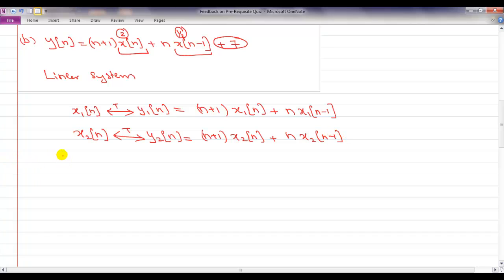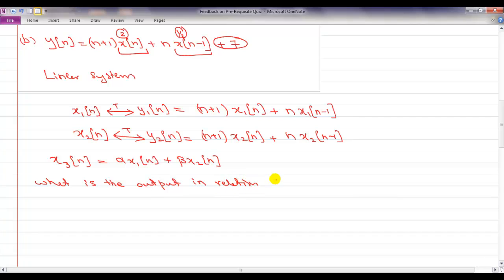And now if I take a linear combination of these two, so I define some x3[n], which is, let's say, alpha x1[n] plus beta x2[n], where alpha and beta can be any complex or real valued numbers. We have to now find out what is the output in relation to x3[n].